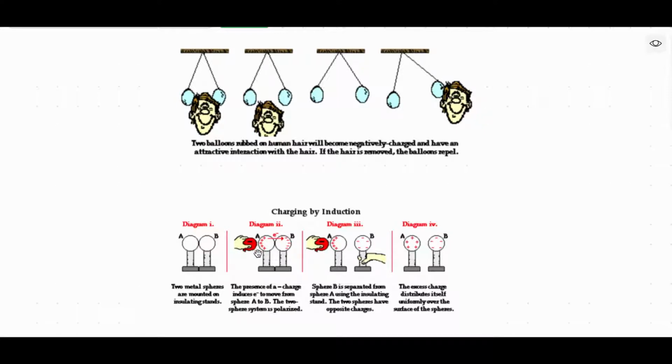And since opposites are going to attract, that pulls all the positive protons towards this negative charge, and the negative electrons are going to scatter away far into this sphere B over here. And as you're pulling it away, it's these two spheres. A is going to be left positively charged and B is going to be negatively charged.